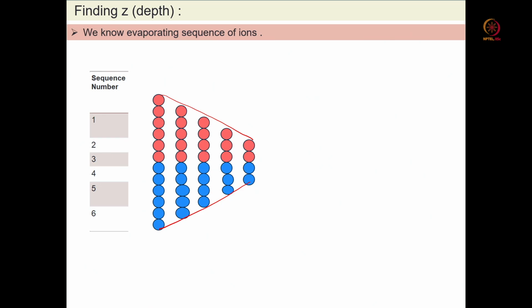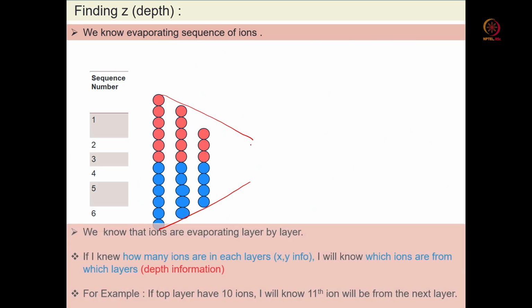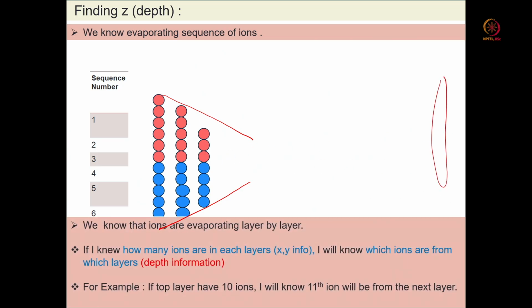If you apply the pulse, the atoms are polarized and get accelerated towards the detector in a sequential way. In the first sequence the atoms get field evaporated first, and after that the second sequence. The third sequence will not field evaporate before the first sequence. With this assumption, we can calculate the Z.